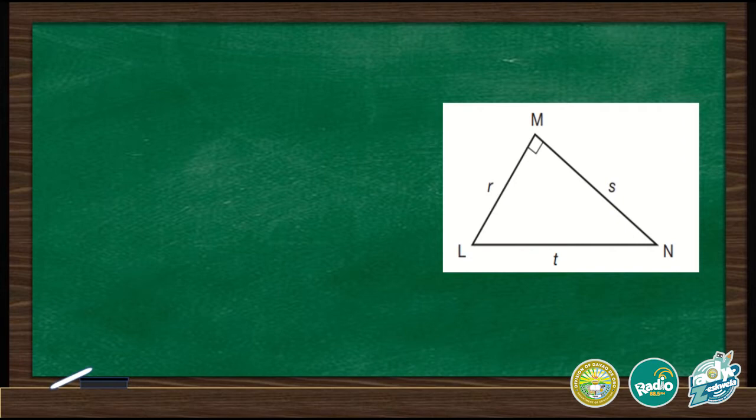Name the vertex of the right angle as M, while the other vertices are L and N. Name the side that connects L and M as R. Name the side that connects M and N as S. And the hypotenuse as T.